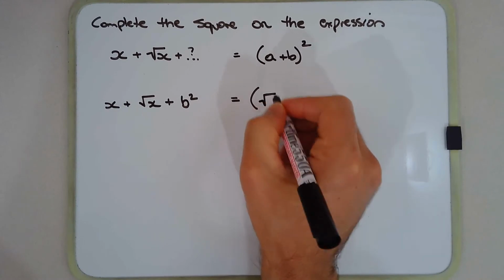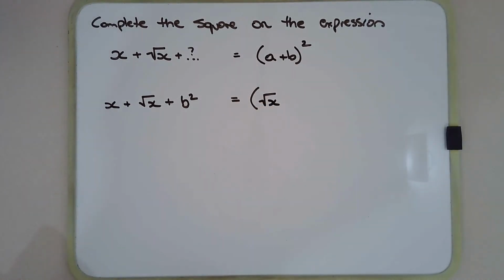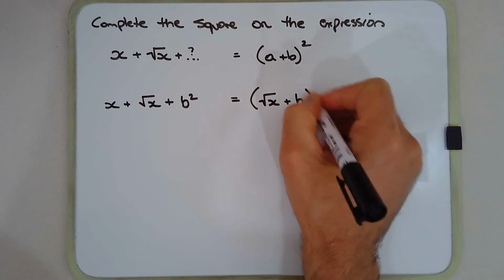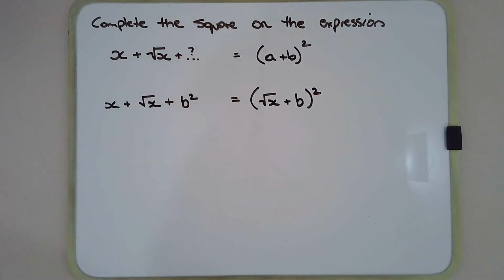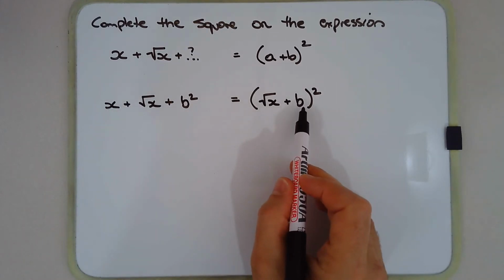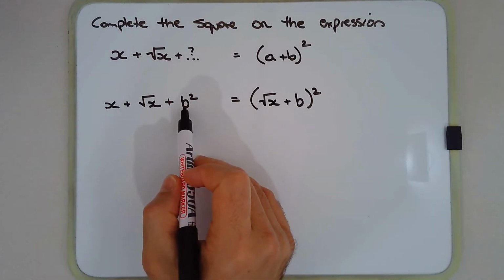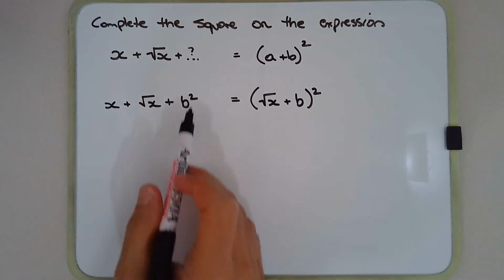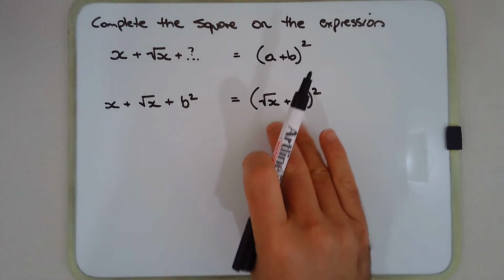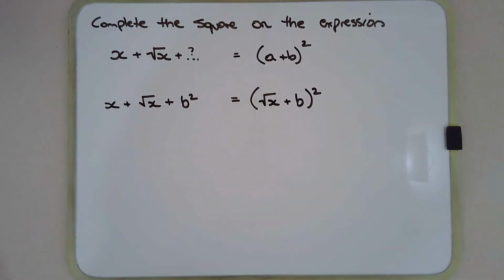So it'll be root x in the brackets there, plus b, all squared. So this problem now has become, let's find the value of b. When I square it and get b squared, I've completed the square on the expanded version of this perfect square instead of the factorized version. So we're working with the factorized version of the perfect square here.